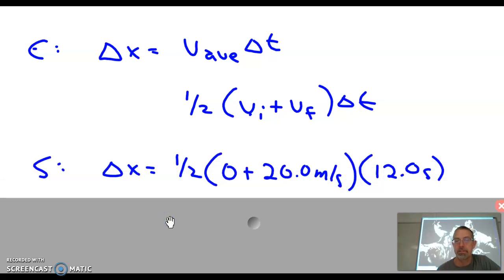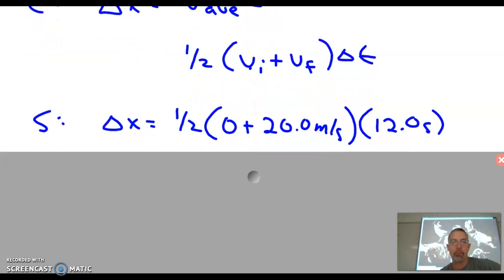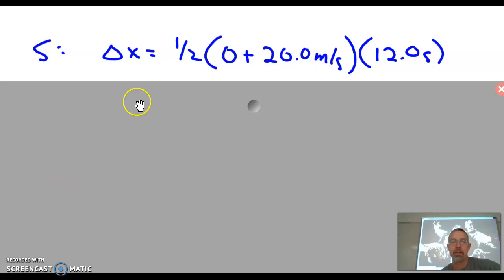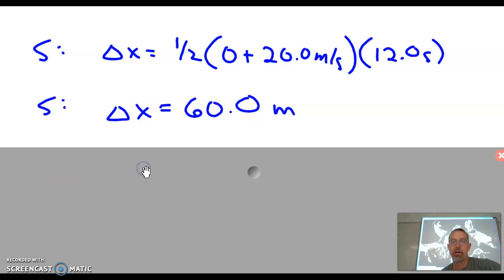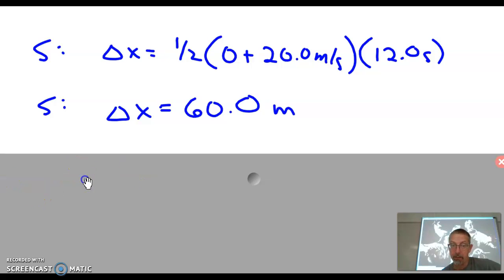Okay, we're going to substitute in. Our delta X is 1/2, my VI is 0, my VF is 20 meters per second, my time is 12 seconds. I'm going to substitute in, then solve. So the distance that this car traveled was 60 meters.